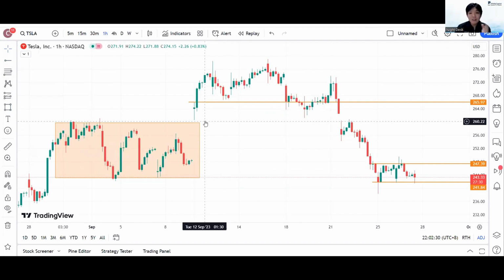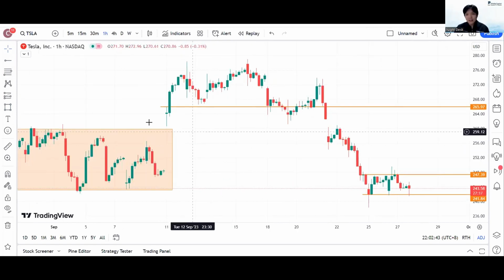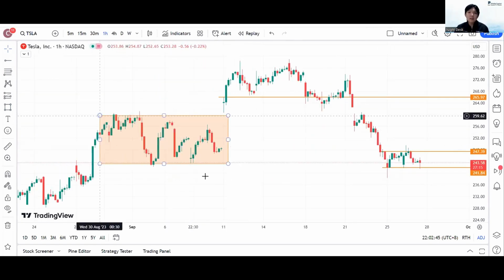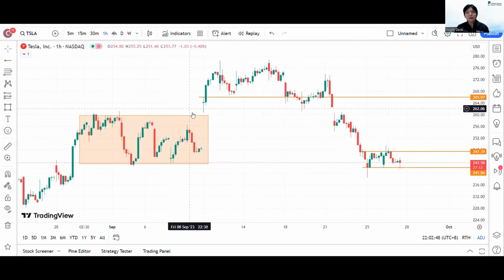I'm not saying you can do it every time. For a short, it's the same: as long as they don't cover back their gap, the position will continue as long as there's volume and volatility. Basically you find a sideways movement, then you determine if price can break higher or lower.